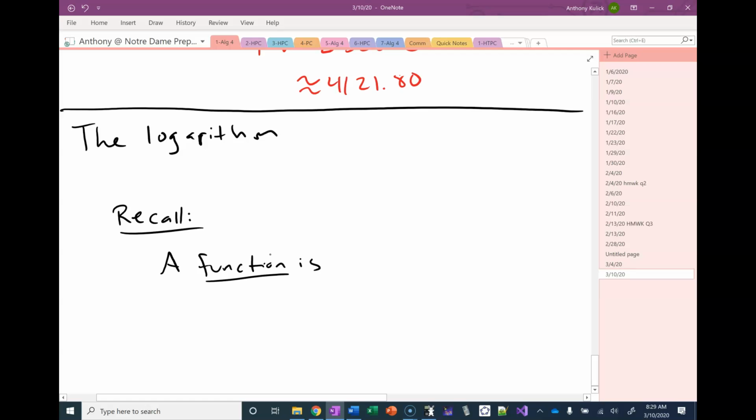Anybody? What is a function? That's function notation, sure, but what's the definition?